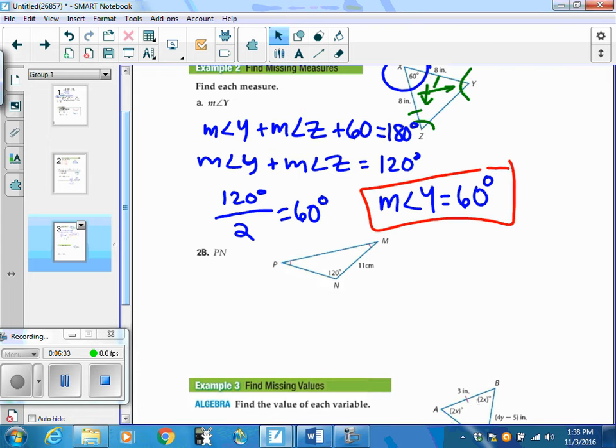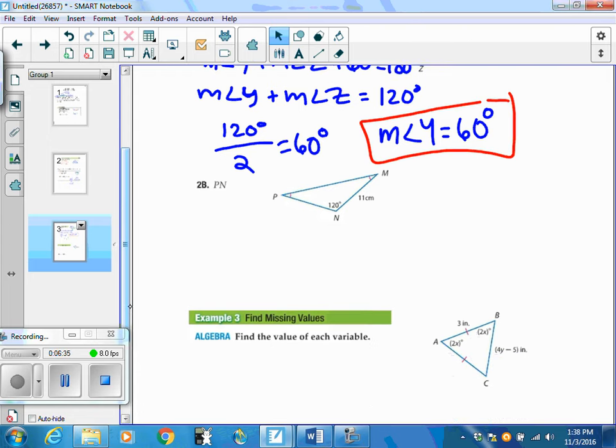And then the second example there, I have another triangle, PNM, and we want to know the length of PN. Well, I have congruent base angles here.